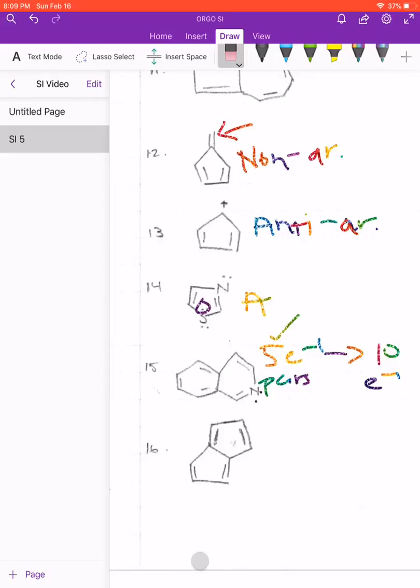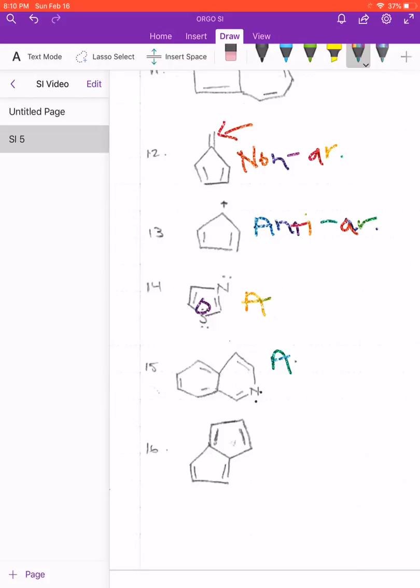So now let's work on the last molecule. Right off the bat, without even knowing if it's conjugated or planar, or if it fulfills Huckel's rule, we see that it has an even number of electron pairs, which means that it's actually either going to be anti-aromatic or non-aromatic.